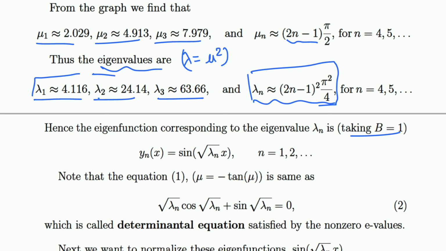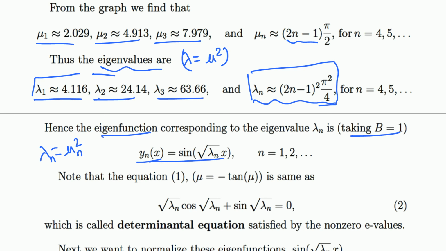So sine mu x, where mu is root lambda, our lambda was mu squared, and not only did we get one, we got infinitely many, so we are writing n. So mu n is root lambda n. So the eigenfunctions, or the solutions, are sine root lambda n x, taking b equal to 1, for n bigger than or equal to 1.